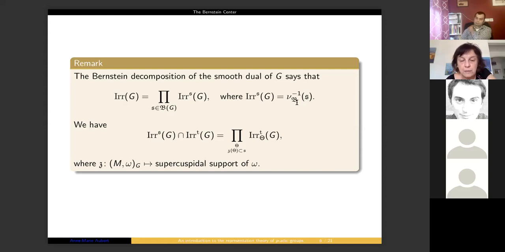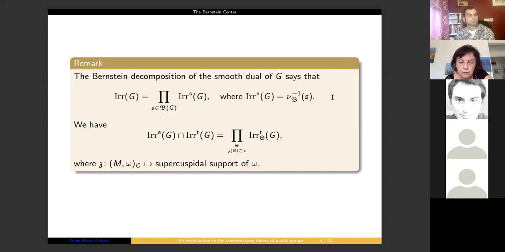I will denote by nu_B the inertial supercuspidal support map. It is the map which sends any irreducible representation to the block attached to it.